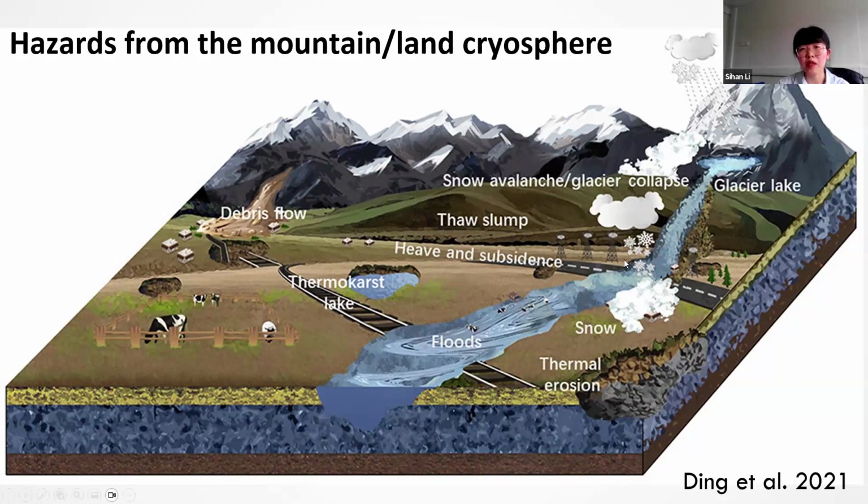And we see snow avalanches, glacier collapse, glacial climatic feedback moderating glacier mass loss, and a potential increase in landslides, mudslides, debris flows, as well as glacial lake outburst floods, which have drastic impact on infrastructure, roads, houses, and agricultural land downstream, as well as the release of greenhouse gas due to the thawing of permafrost in these mountain glacial areas. So very drastic changes that we're already seeing in the climate system.